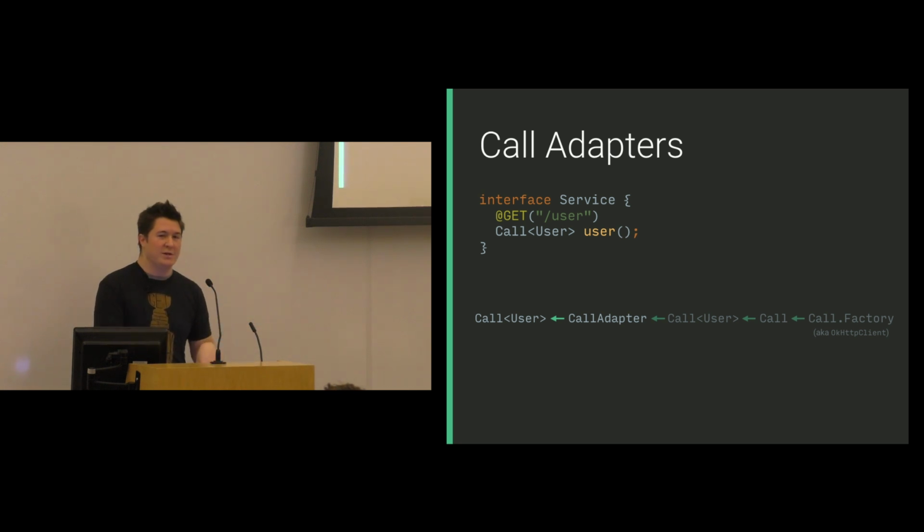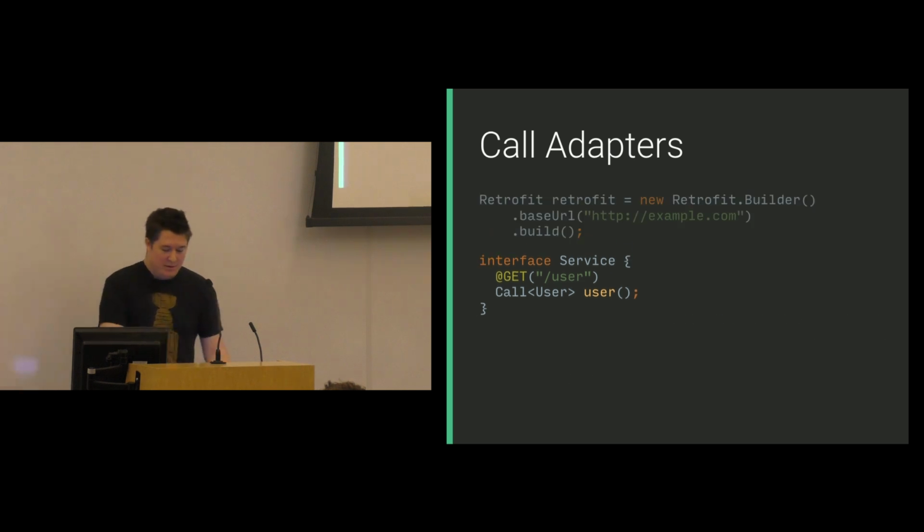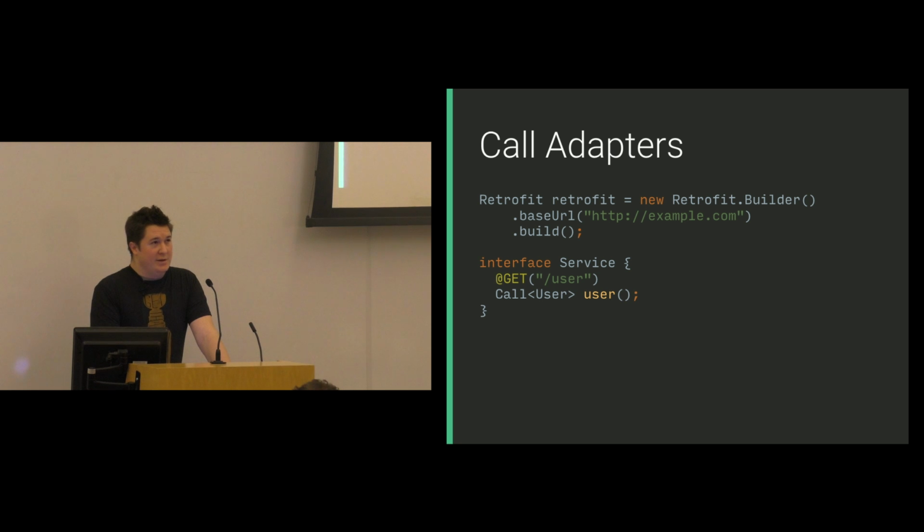And just like the converters, this is behavior that you can customize. So like I said, by default, it puts callbacks on the main thread on Android. If you're doing this on the JVM, it just gives you the callback on OkHttp's background thread, its thread pool.